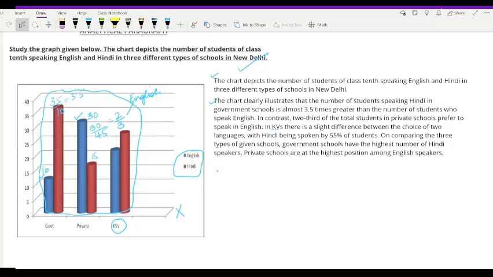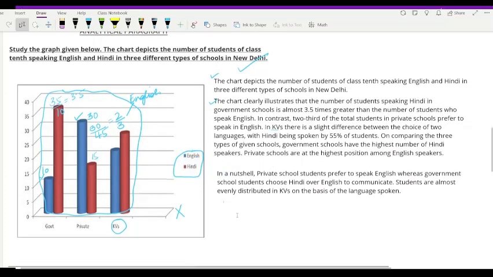We usually begin the conclusion with a set of words like in a nutshell or in short or to sum up. So here we can write that in a nutshell, private schools prefer to speak English, whereas government school students choose Hindi over English. And this is how we're going to write the conclusion. So we're going to start it with in a nutshell, and I'll just show you the whole paragraph.